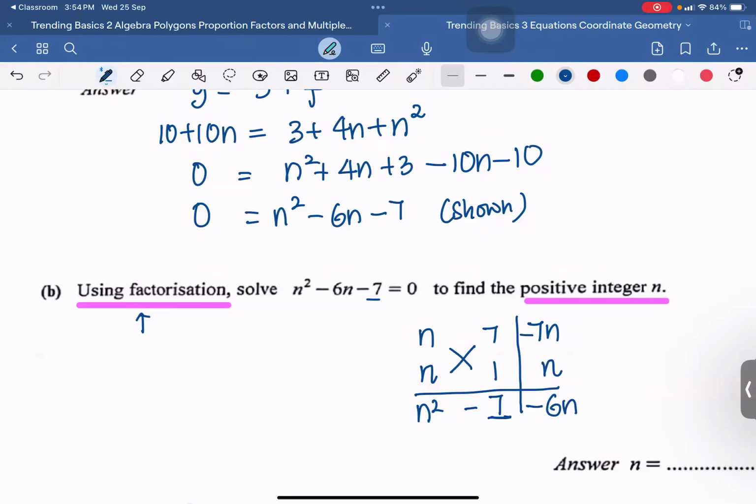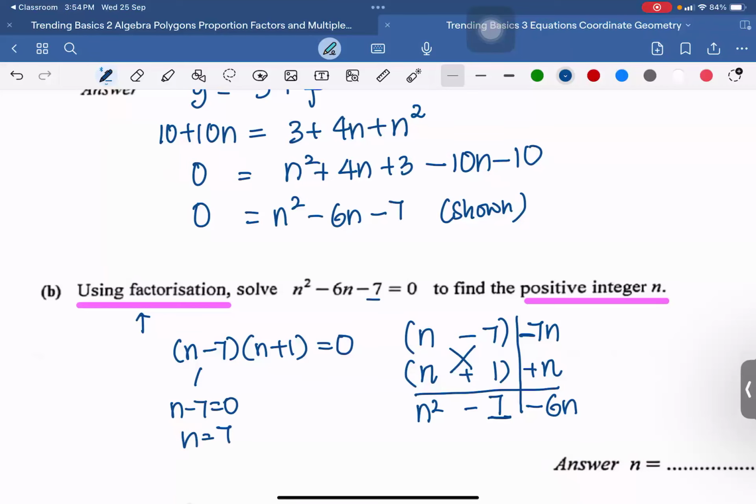Remember to change the sign. The larger number will get the negative, the smaller number gets the positive. Then we check. We have 2 brackets. They want to see the factorized form. Now the question says solve, so you factorize already, then you solve. n equals to 7.